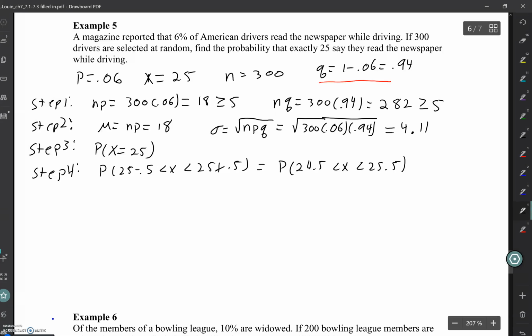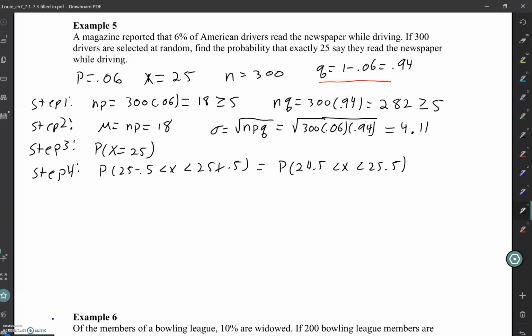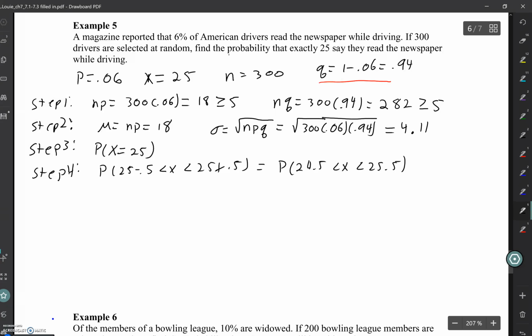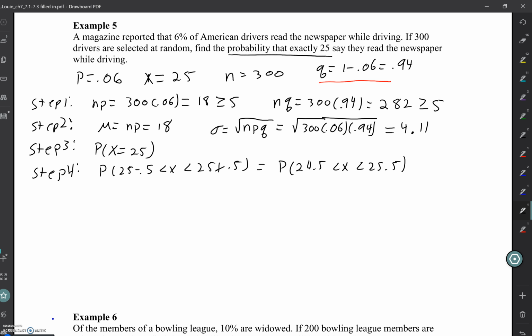Step 3, I'm going back to what we would have been looking for when we did this as a binomial. They asked me right here the probability of exactly 25. So exactly means I would equal that amount.